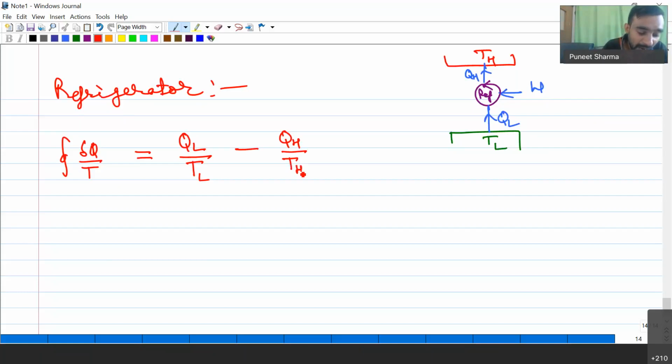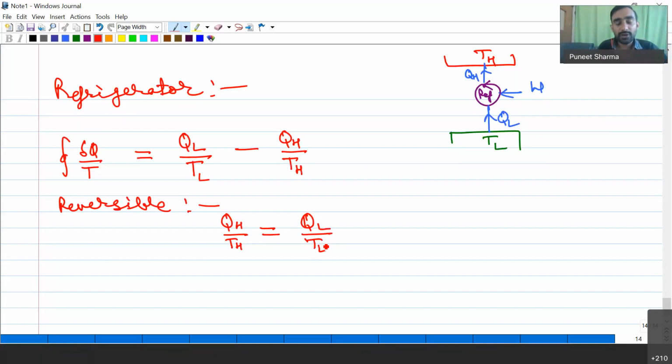Now if I consider that my refrigerator is reversible, then I simply know that QH by TH is equal to QL divided by TL. That is something which we know for our reversible refrigerator. So in general, we have QH by QL equal to TH by TL.